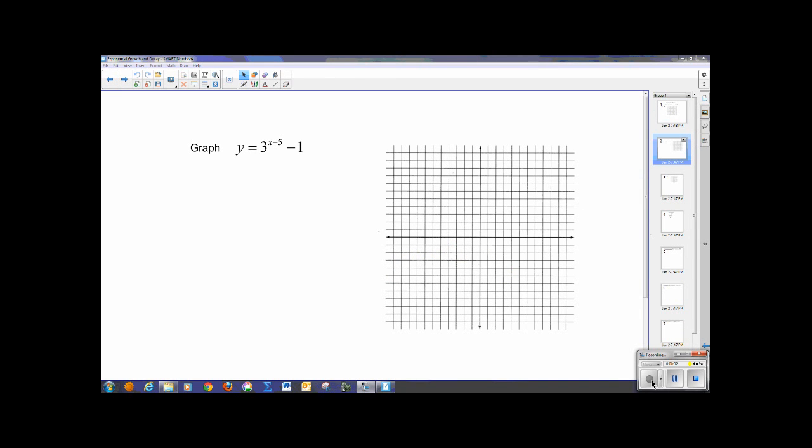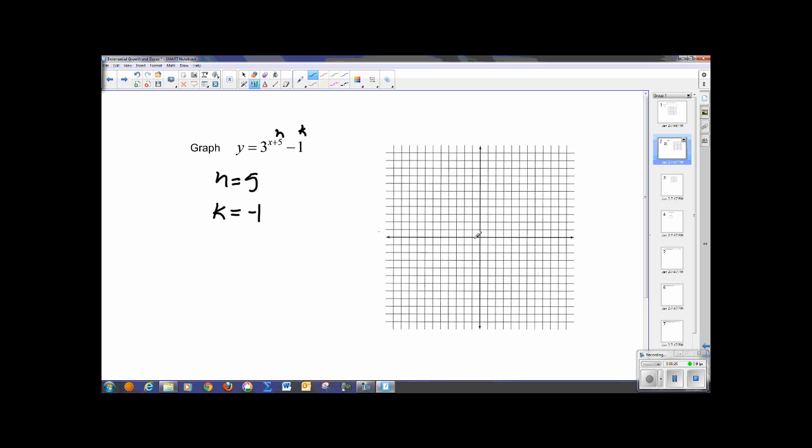So in this example, we have to identify our h and k values, and as we can see, our h value is going to be somewhere up here. Our k value is here. We determine by our general equation that h is equal to -5 and k is equal to -1.